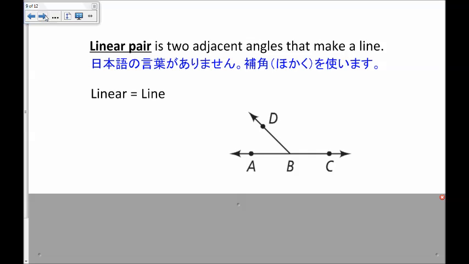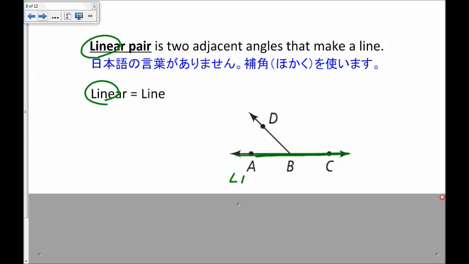Next, a linear pair. A linear pair is two adjacent angles that make a line. Linear means line. It's right there. So linear pair, you think of lines, and they are two angles that make a line.